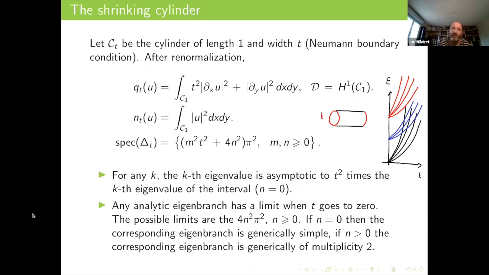So that's for the ordered eigenvalue problem. And for the eigenbranches, what you see is that any analytic eigenbranch has a limit when t goes to 0, and the possible limits are quantized. So it must be one of the thresholds 4n squared pi squared.